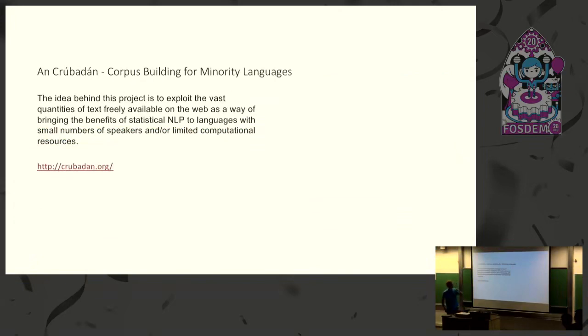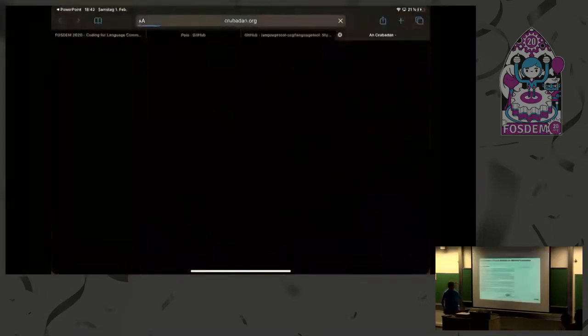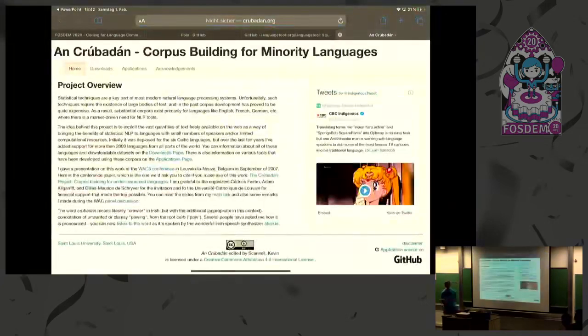Here's another project by another co-organizer of this dev room, Kevin Scannell. It's called Crúbadán. I'm not really sure if I spell this correctly. It's Irish. So we can have a look at what this is. This is a big corpus for a vast amount of languages.